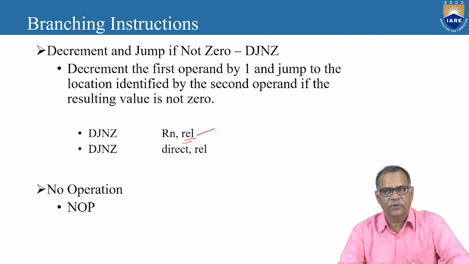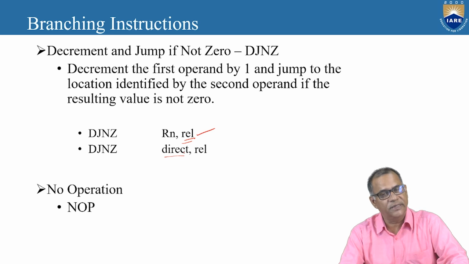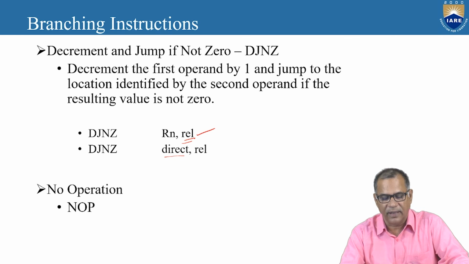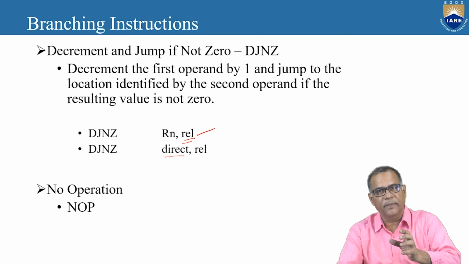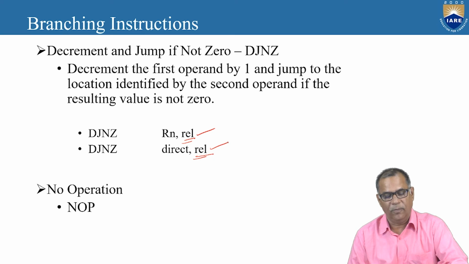Similarly, decrement, jump, not zero, direct, relative. The contents of the operand whose address is specified in direct are decremented, and if it is not 0, then control is transferred to the location given by this rel.